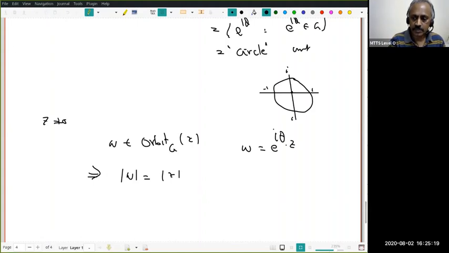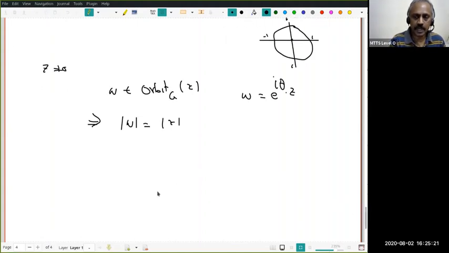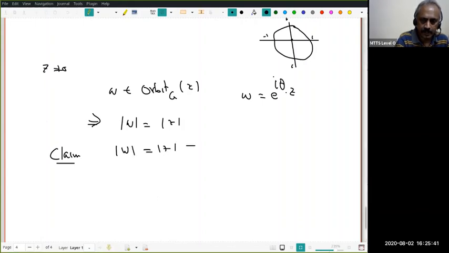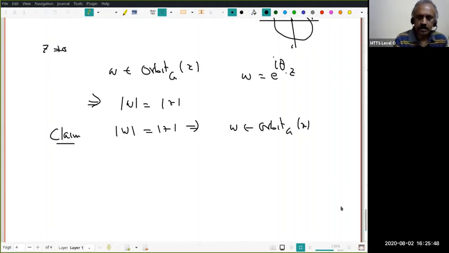Now I want to claim something more. What do I want to claim? If w has this property, that is mod w equal to mod z, then w belongs to the orbit. Do you understand this? How do I prove it? We want to claim: if mod w equals mod z, that implies w is in the orbit. How do I do that?